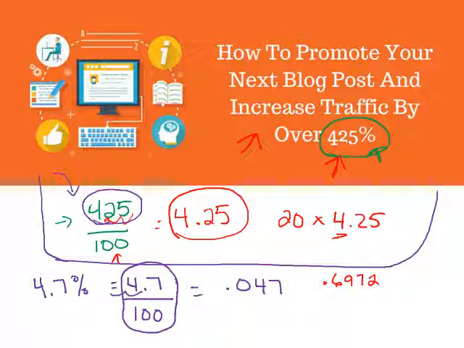0.6972. Is what percent? Okay. Well, we know that any percent can be shown as being divided by 100. So if I took this and I times it by 100, I would have the opposite effect.